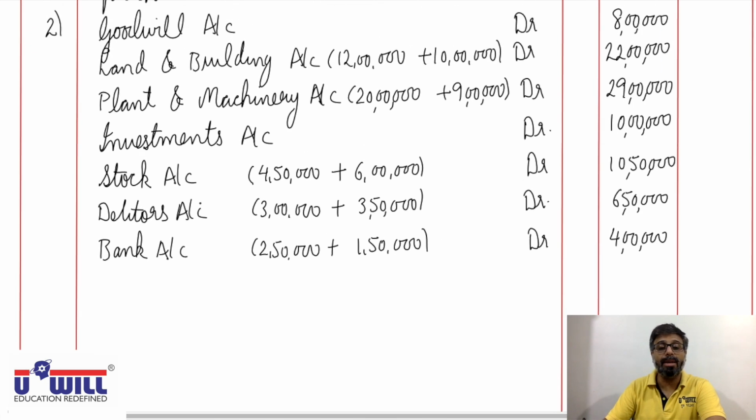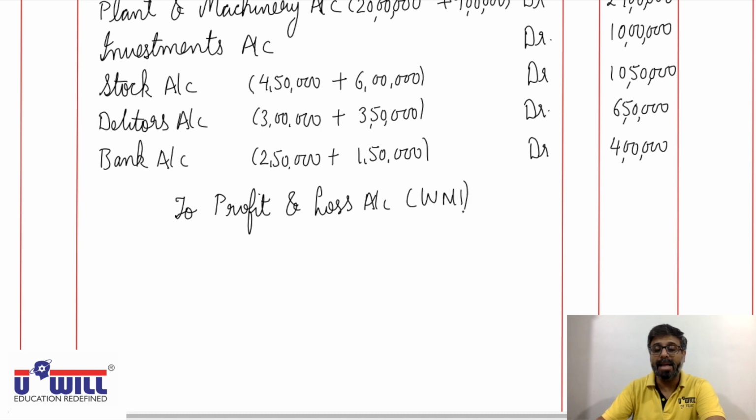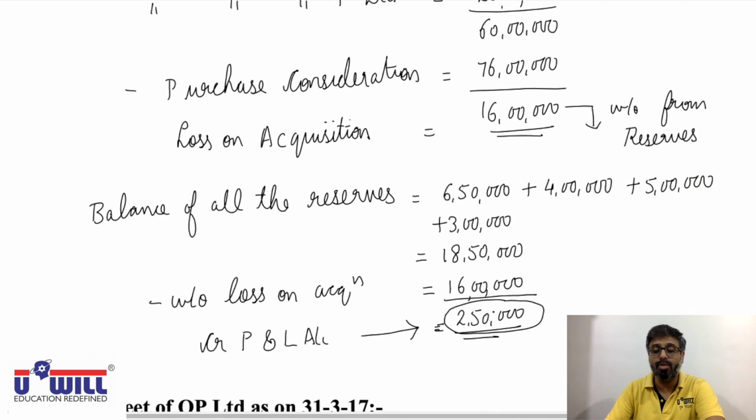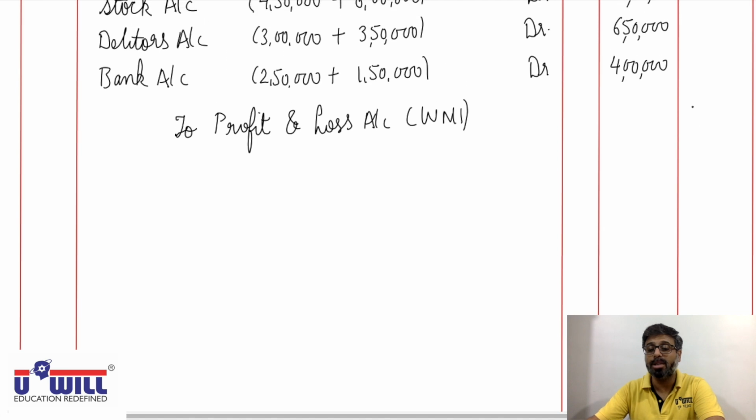So assets account debit is all done. Now to profit and loss account, liabilities including reserves. From working note 1, as we have calculated, profit and loss account will be credited with 2 lakh 50,000.